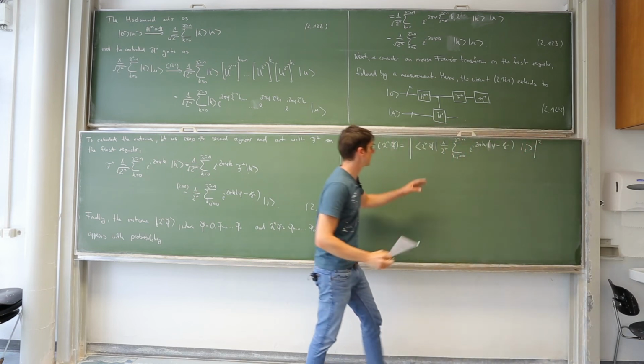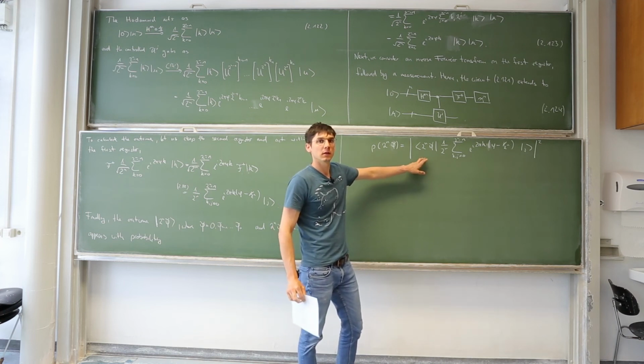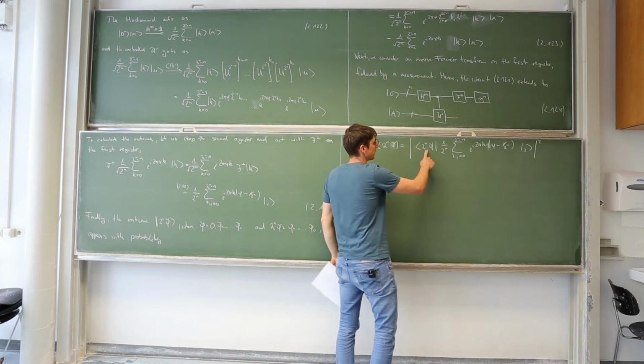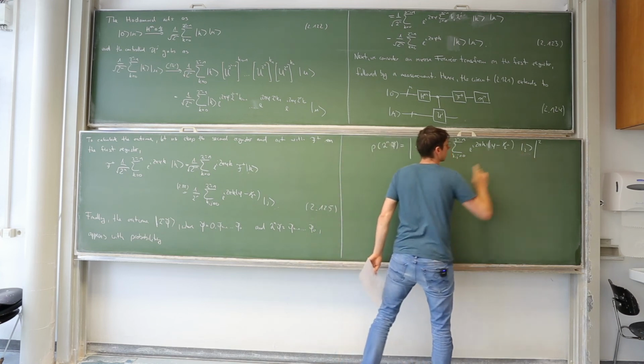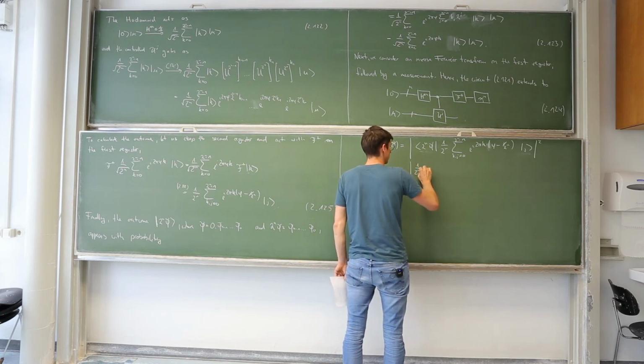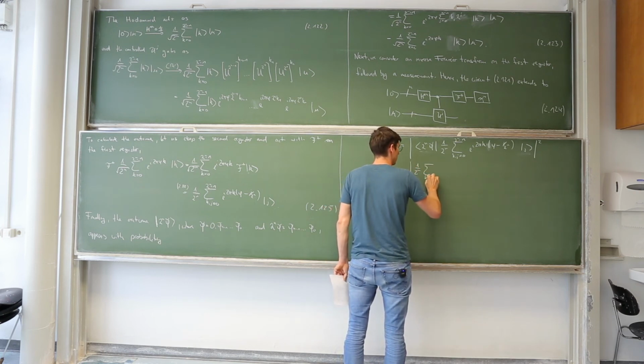Okay, so this is the probability. What we use is actually simply Born's rule. And now we can calculate the inner product of this one with this one. So it's 1 over 2^n, sum over k, j.